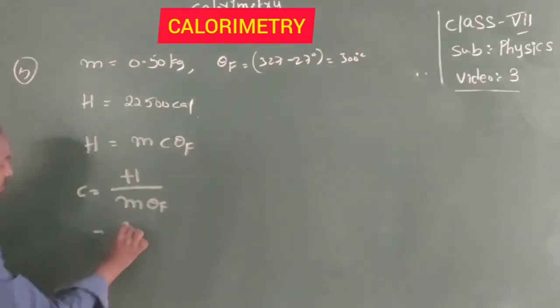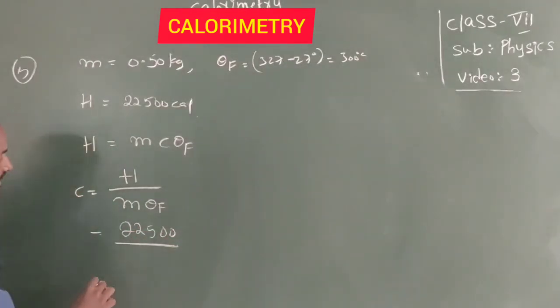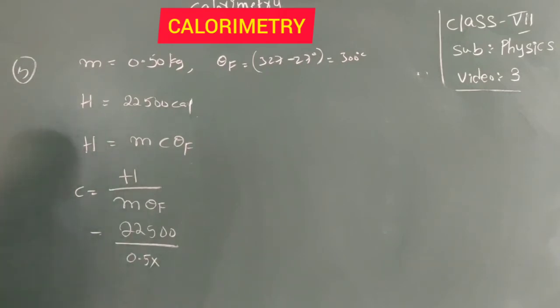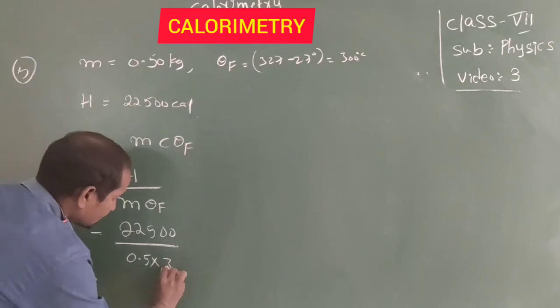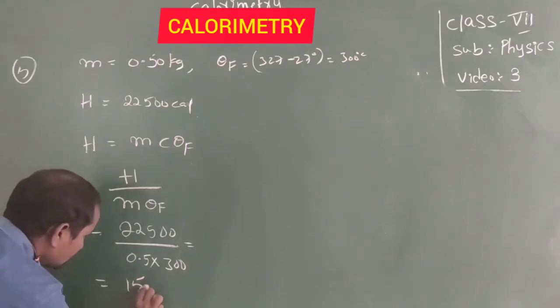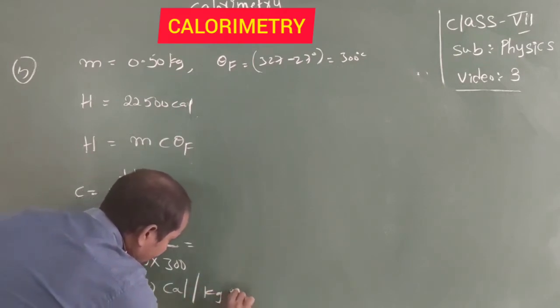Heat energy 22500 by mass 0.5 into 300 degrees Celsius, so that equals 150 calories per kg degree Celsius.